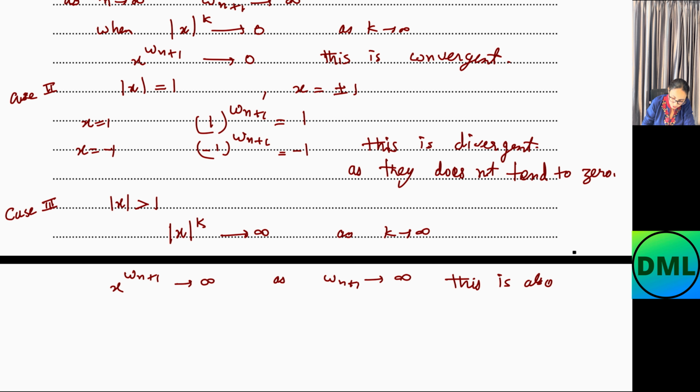This is also divergent as this doesn't turn to 0. The only condition for it to be convergent is mod of x is less than 1. This is the condition for convergence.